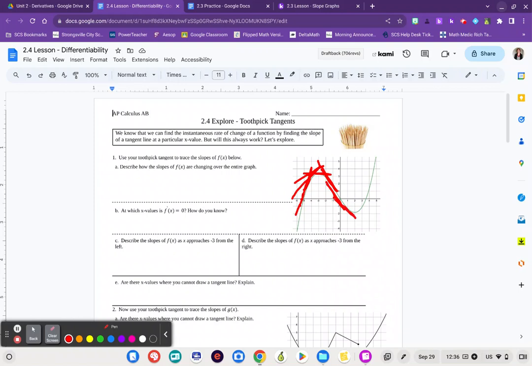I'm doing the best I can here without my toothpicks. And you're going to talk about the slopes of those lines and how the slopes of those lines are changing, and at which values of x is f prime of x equal to 0. Yep.